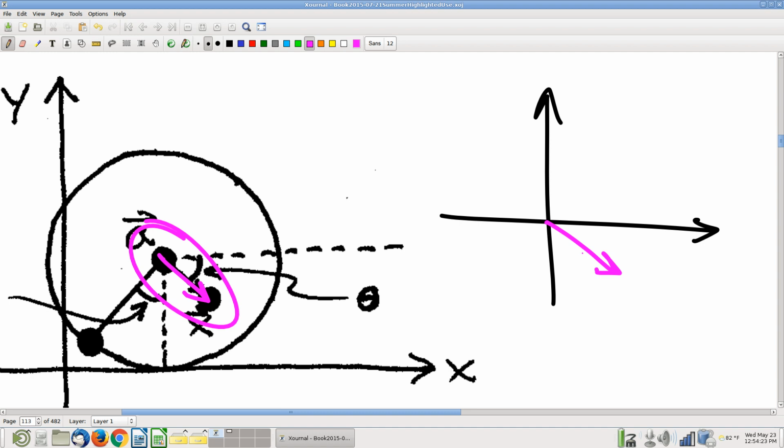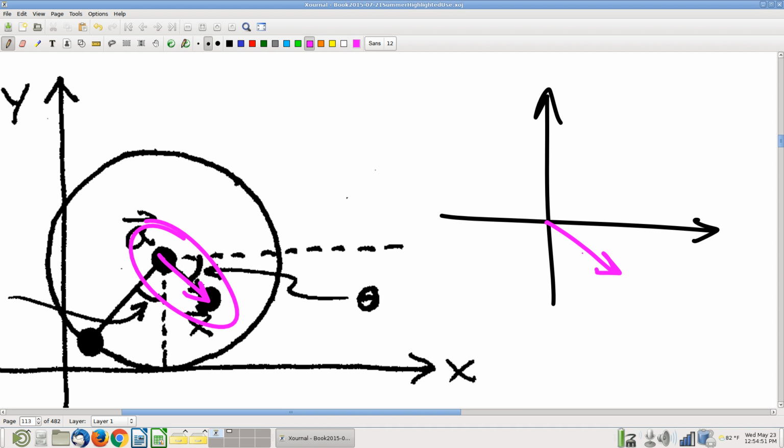Everybody happy with that? It's kind of inconvenient to represent it with an arrow that's constantly doing this. My gosh, that's the difficulty that we're trying to avoid in the first place. It's much easier to just think of it as in standard position, and this distance is not changing. That distance is always 8. And the angle is theta.